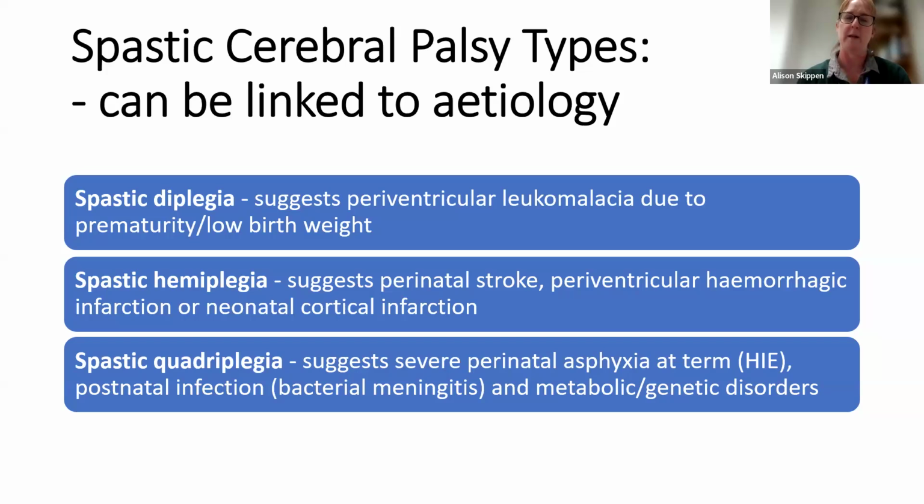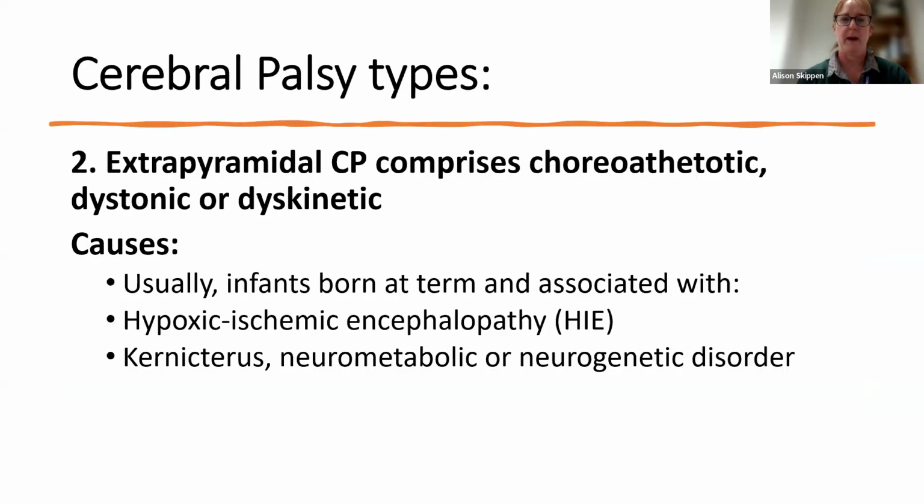Another cause of spastic quadriplegia might be a child who's had kernicterus, so high bilirubin at birth. They sometimes also get a movement disorder because of the kernicterus, and it affects the basal ganglia as well. So that's just another thing to think about.